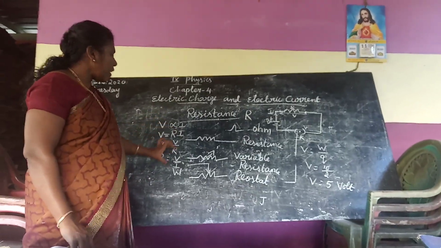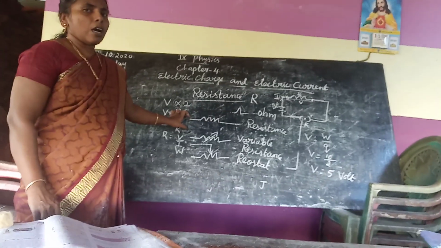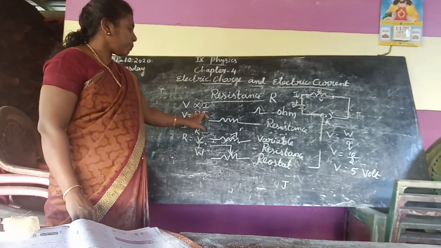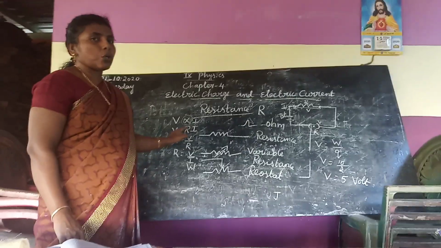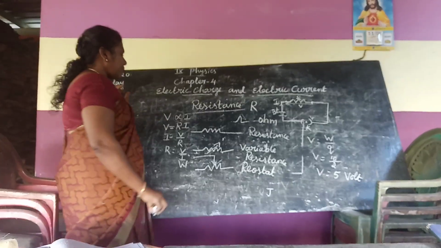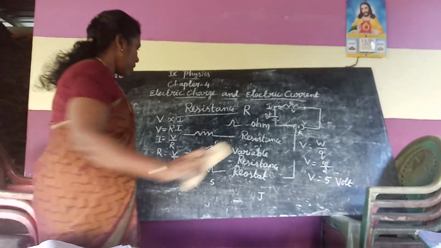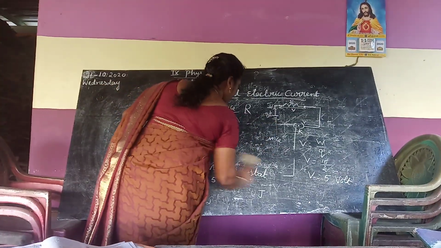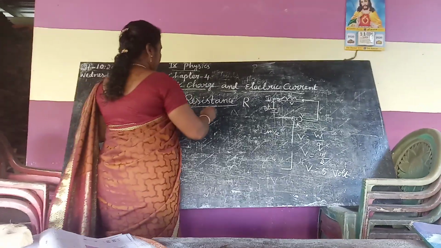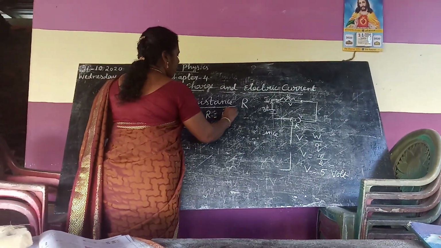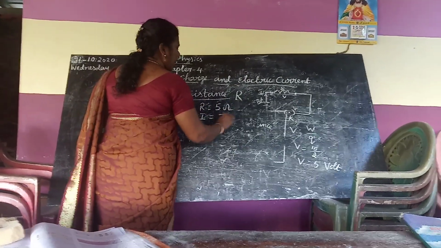Now regarding this problem. If resistance and current are given, what formula do you have to use? V equal to R I, right? Suppose the resistance R equal to 5 ohm and the current I equal to 3 ampere.